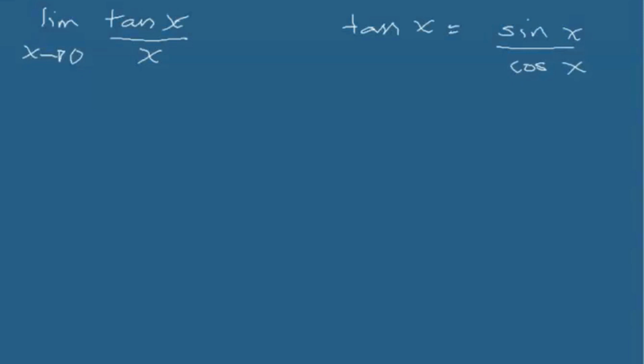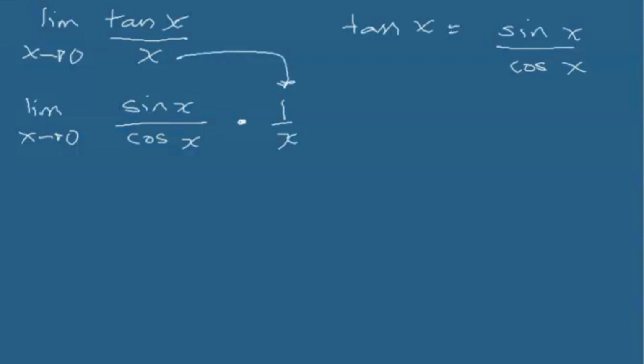So let's do that with our given. So tangent x over x is sine x over cosine x times 1 over x. This is our x in the denominator. Okay, and sine x over cosine x is our tangent x.